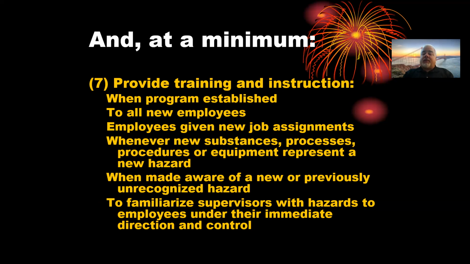If an employee is given new job assignments, they're going to be doing something new in a new area. Well, that new area has its own set of safety rules. Whenever there are new substances, processes, procedures, equipment, and so on, there's a new hazard, so more training.